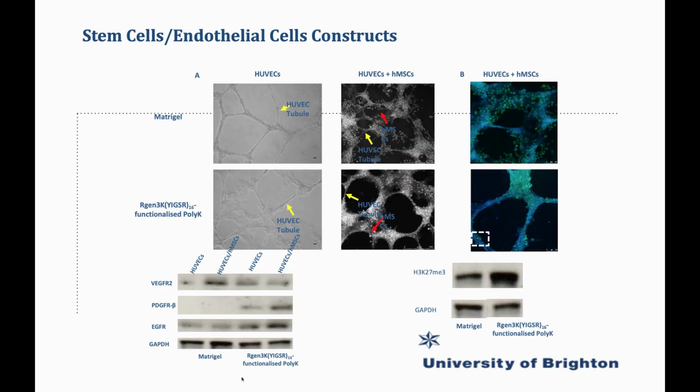In another application, we have shown that the same materials, cell substrates, can induce vascular endothelial cells to form a capillary-like network, which is more consistent than the one notoriously found when the cells are cultivated on a very well-known substrate like Matrigel.